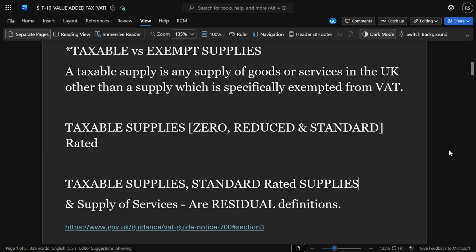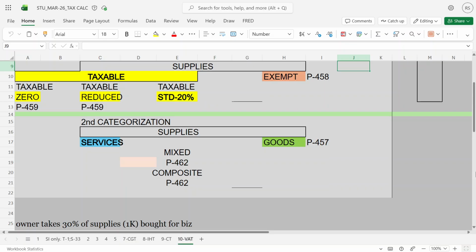If he's not from Liaoning, then he is classified as an out-of-province student or something like that, right? So that's a residual definition, because we only care that if you're not from Liaoning, then you are an out-of-province student. So that's an example of a residual definition. We're not defining you directly, but indirectly. So that's an example of how we define taxable supplies.